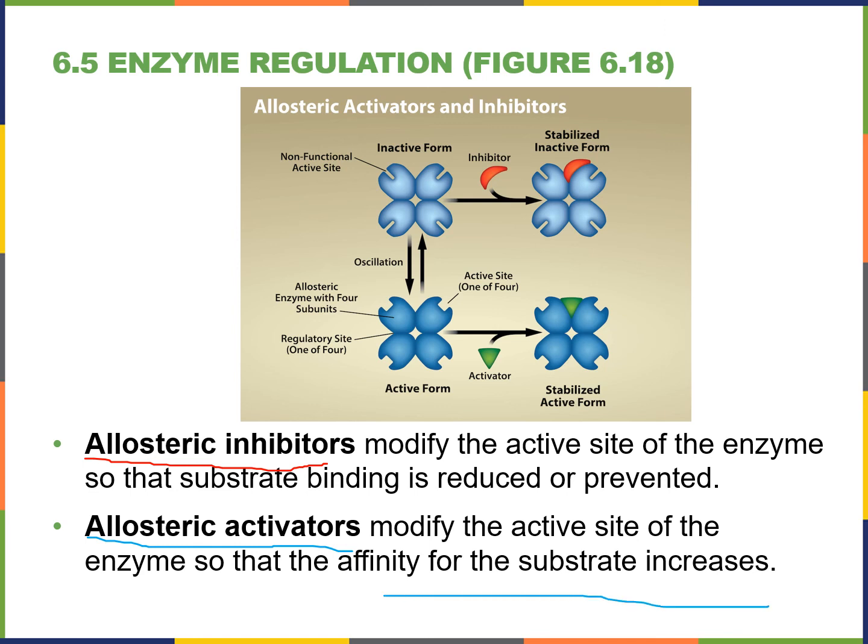So allosteric activation is the opposite of non-competitive inhibition as far as what's going on at the allosteric site. So if an allosteric activator binds to that allosteric site, that's going to potentially facilitate the initial desired reaction to occur.